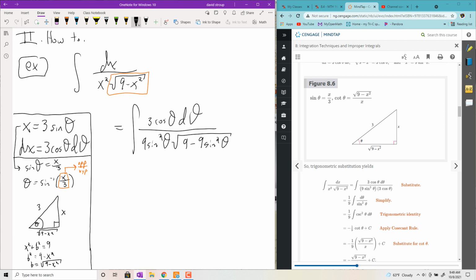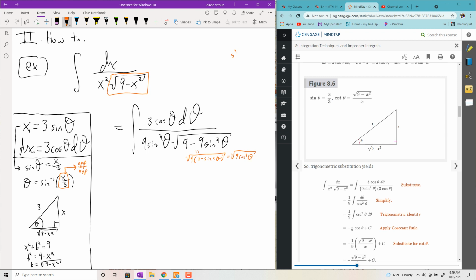Okay. So in the book, I have an extra step in there, right? So in this first step where they say substitute, they've already kind of figured out what that square root thing is. Okay, they already simplified it. I just do it in-house, right? If you want to, you can kind of think it out right below. This is going to be the same as 9 times 1 minus sine squared theta. That's going to be the same thing as 9 times cosine squared theta, using your trig identities, right?